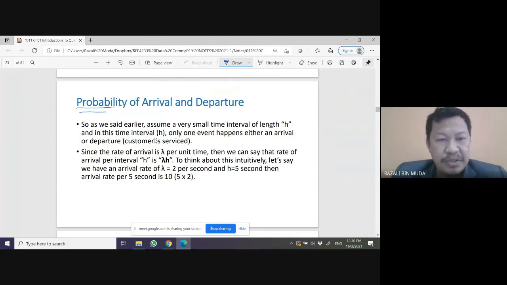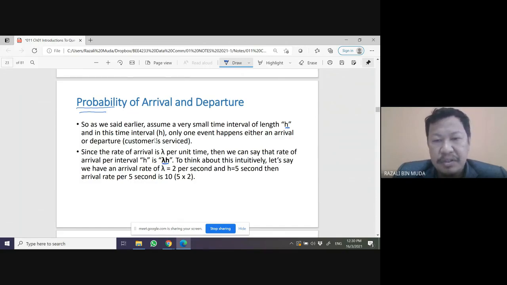As we said earlier, assume a very small time interval of length h, and in this time interval only one event happens, either an arrival or a departure. Departure means the customer is being served. Since the rate of arrival is lambda per unit time, the rate of arrival per interval h is lambda h.